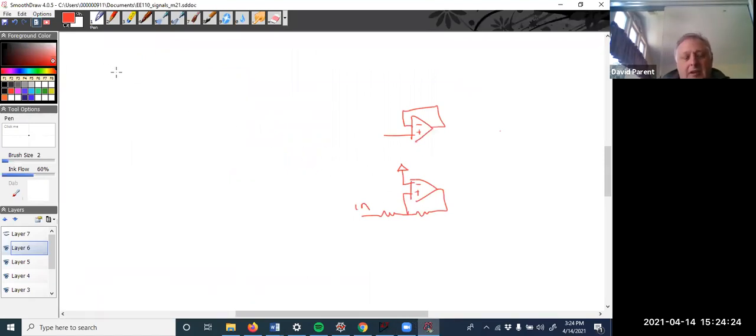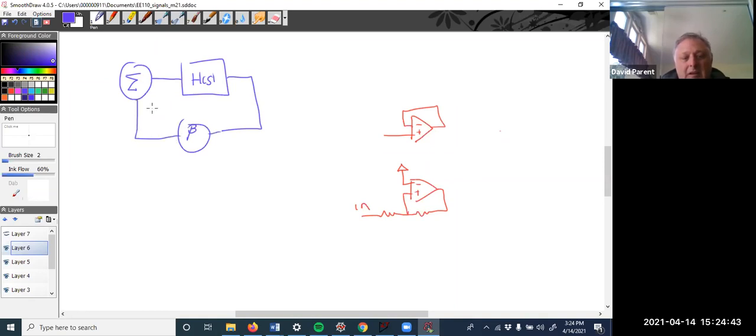So let's try to use our system analysis. The op amp has a summer, it has H of S, and then I have my 2 resistors, beta, but it's going in on the positive side.